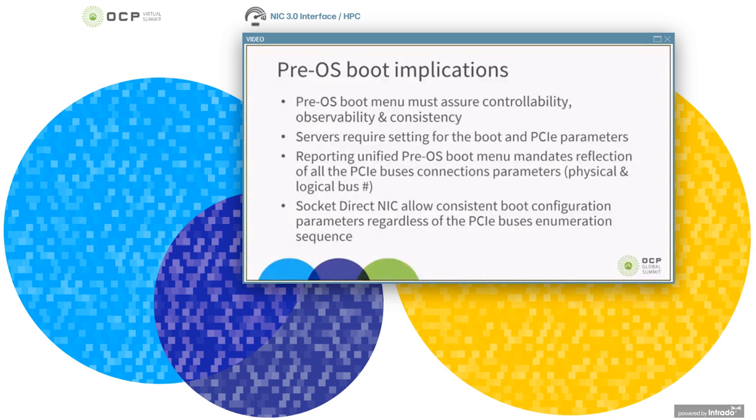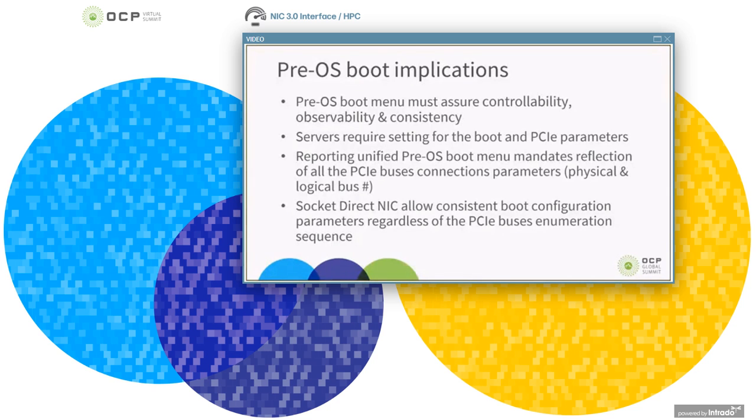You need one set of menus, and you need to be able to see all the parameters. Therefore, you need to configure even the boot parameters, but not confuse the system boot between the two connections. So the system will properly be configured to boot through the socket that is actually being used for the pre-boot environment, and you need to be able to configure all these different parameters in a simple and non-confusing manner.